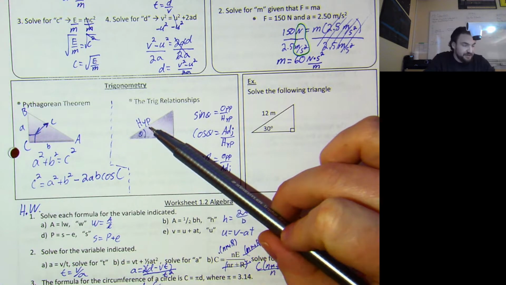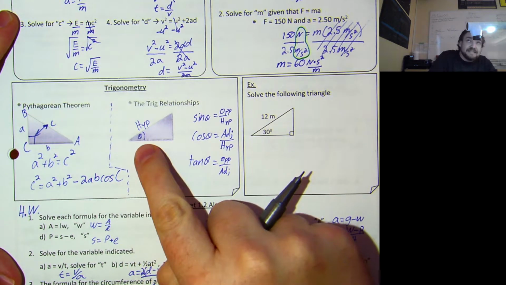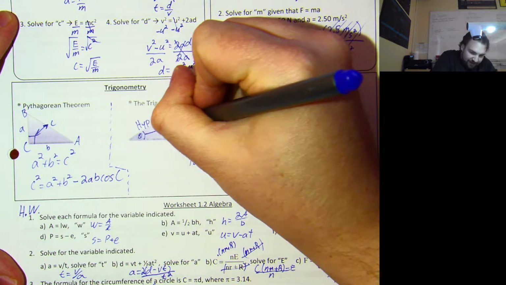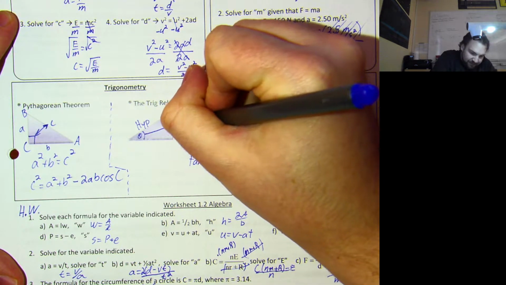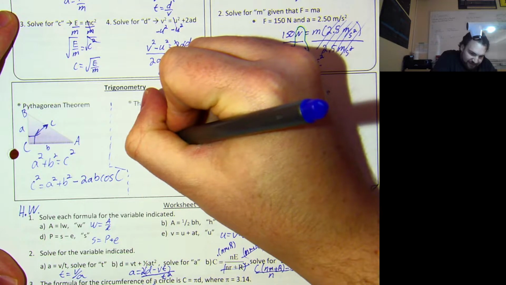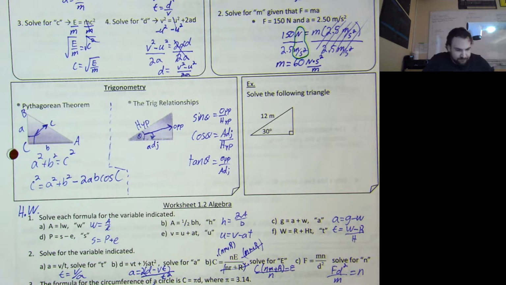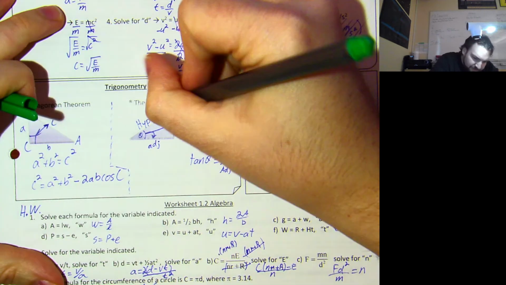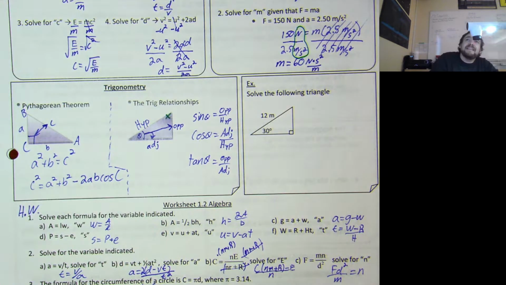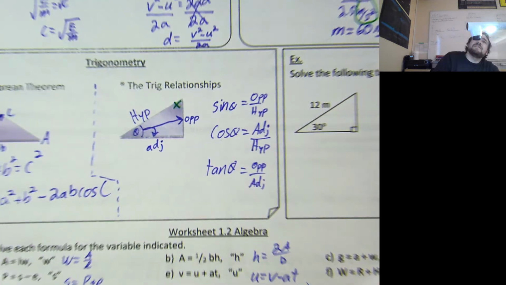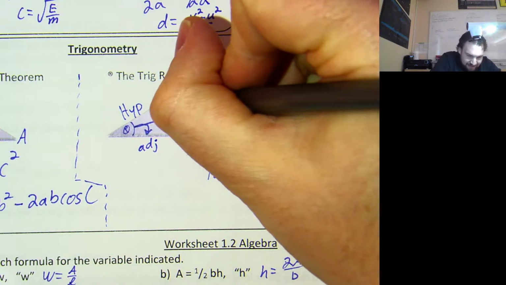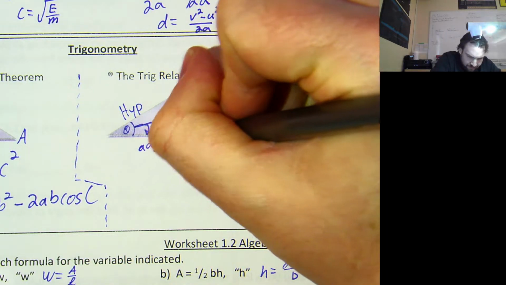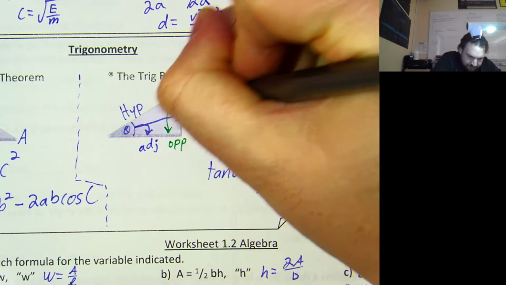If that's the angle I'm labeling, this side here is opposite, and this side here is adjacent. If this top right one were the angle I was using, then this side would be opposite, and this side would be adjacent.